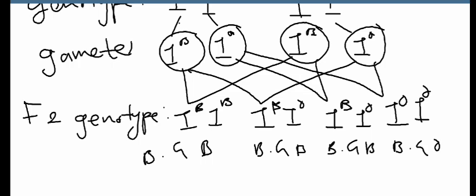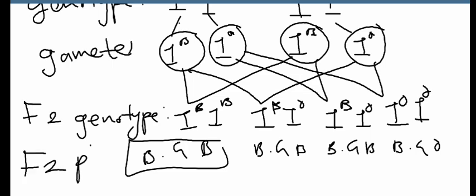But on this part here, don't write like the way I've written here. Write in full, whereby you say blood group B, blood group B, blood group B, and blood group O. This one is called the F2 phenotype, which is the outward appearance of a living organism. So that's all. Thanks for watching, and see you next time.